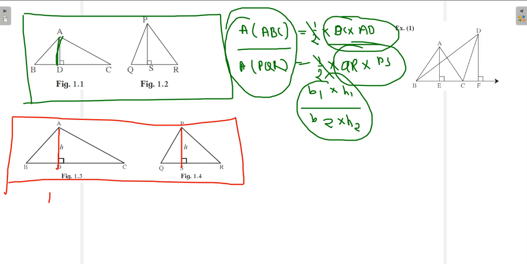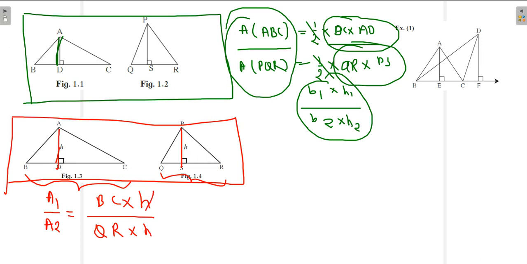If I ask you the ratio of the area of triangle 1, that is ABC, to the area of triangle 2, you will definitely tell me the base BC multiplied by the height, which is AD, but they have written it as H, so I will write H. Now again the base of this triangle is QR multiplied by height H. H and H get cancelled, so our final answer is BC upon QR. This is nothing but B1 by B2.